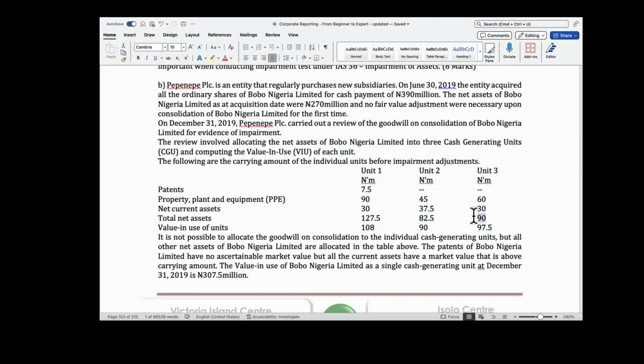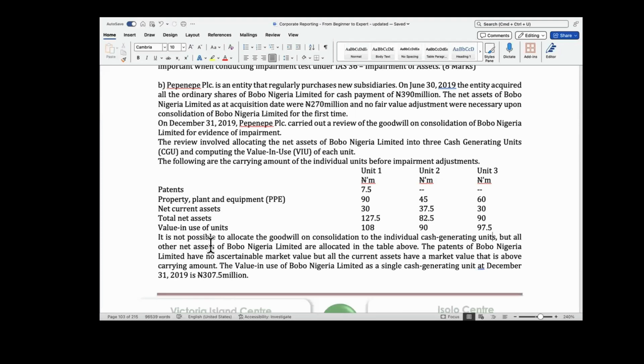Okay, let's go to the next paragraph. It states further that it is not possible to allocate the goodwill on consolidation to the individual CGUs.